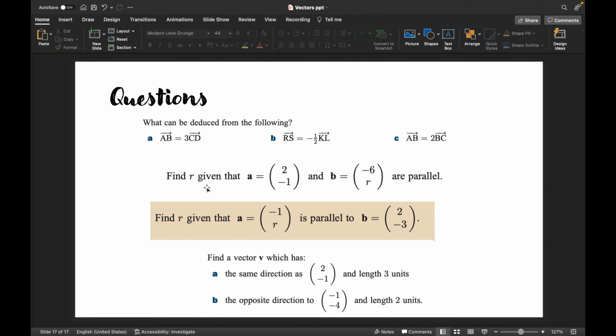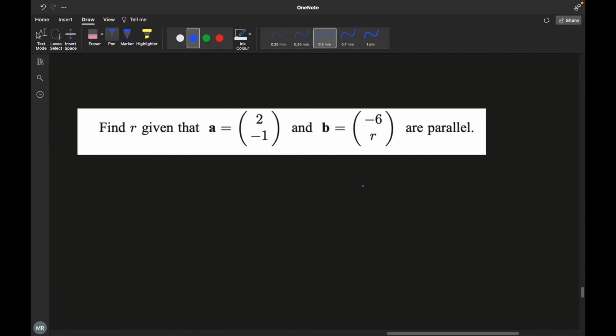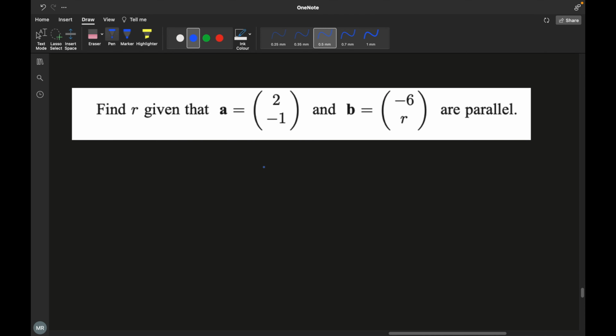And now we can look at this. We have to find r given that A is this and B is this and that they're parallel. We have this, right? We know that they're parallel, meaning A is kB.